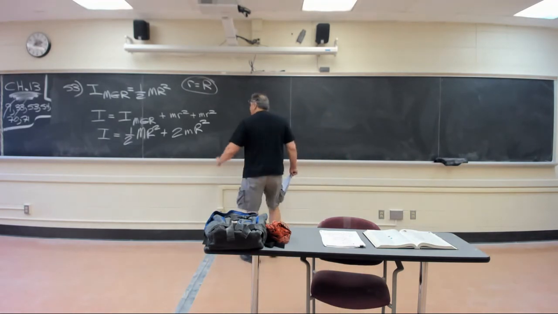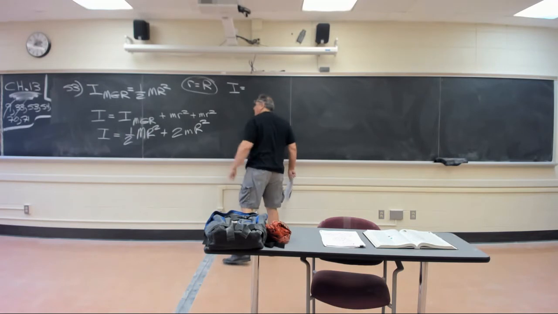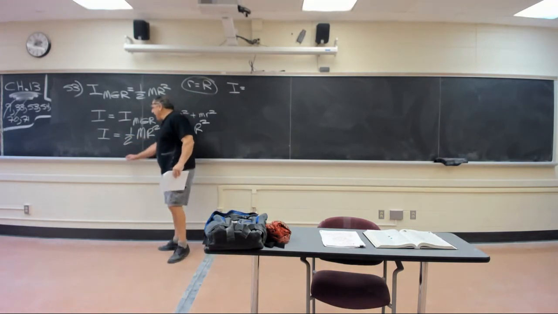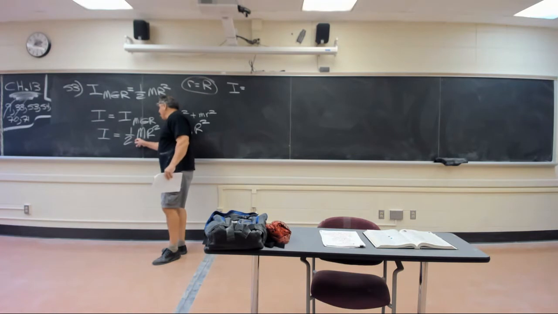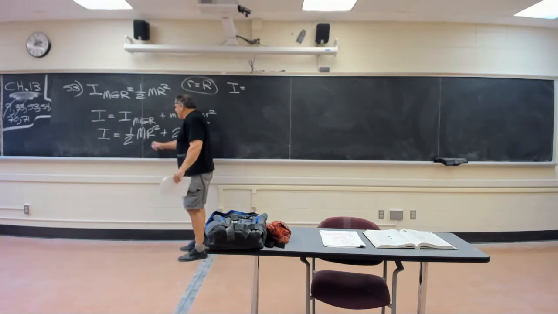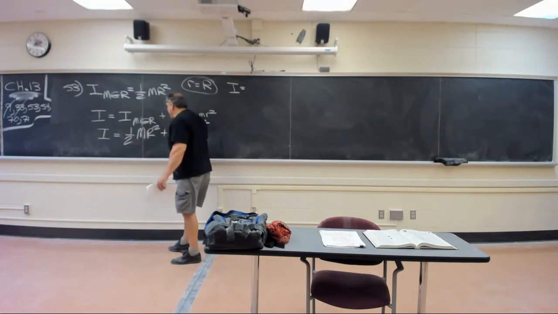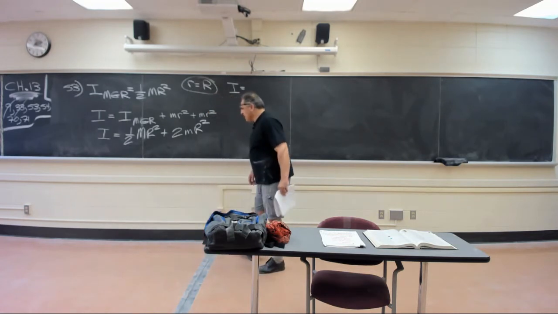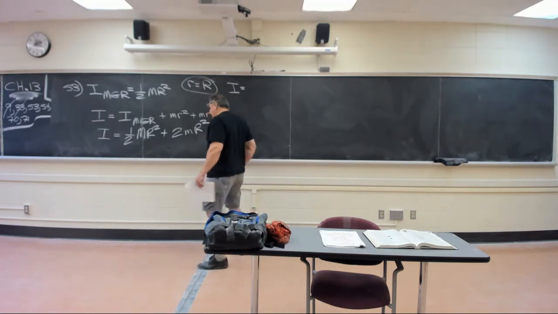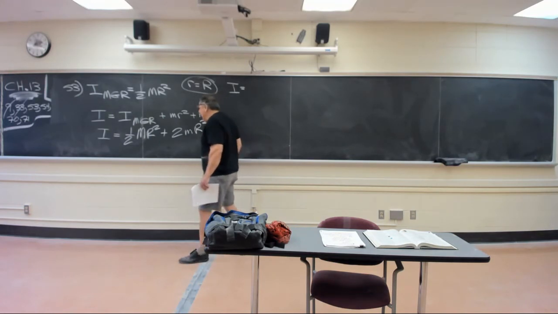So what do we got here? How does this whole thing play out? A half is a half. M is 180 kilograms. The radius is 1.5 meters. If you take the radius 1.5 meters and square it, you get 2.25. 2.25 is the same as 9/4. 9/4 times 180 is going to be, why did I get myself into this? It's going to be 405.